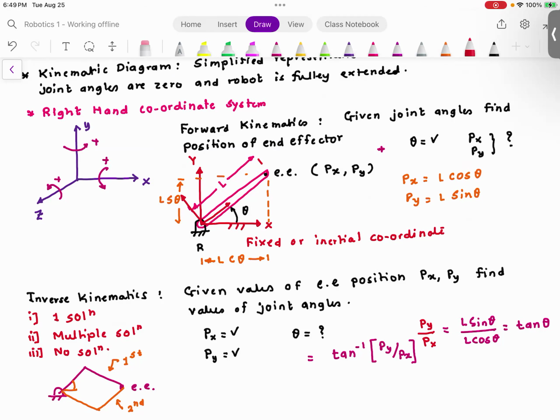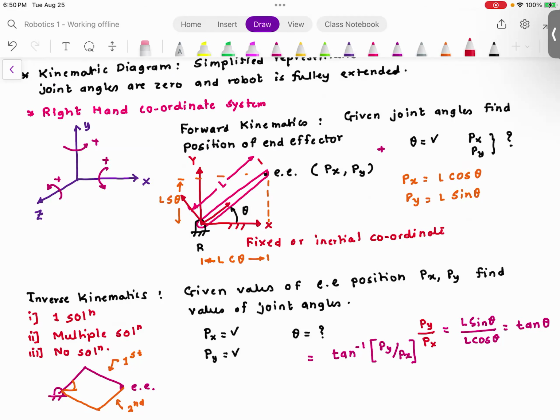Now imagine if I were to add one more link, that link would have its own coordinate system. So I need to keep track of the fixed coordinate system and the moving coordinate system and the relationship between these two coordinate systems. This is an extremely important point.